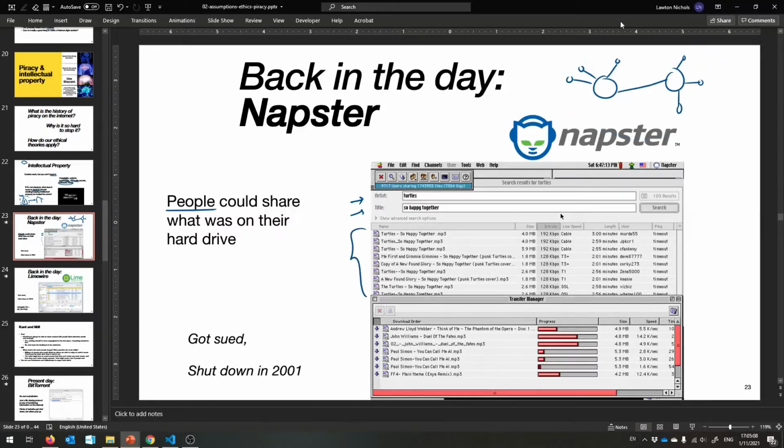Does it match the query? And then after that, you can start downloading it from somebody else. This is how you could copy it from somebody else, and this is called peer-to-peer, because you're going between individual people that have this on their own computer.